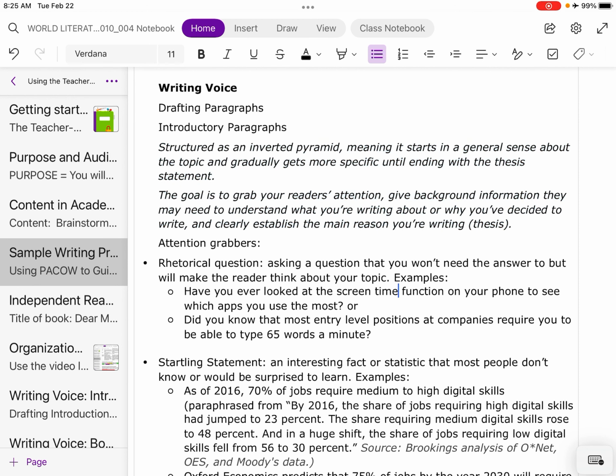So the attention grabbers, remember I talked about the rhetorical question, asking a question that you won't need the answer to, but want to make your reader think about it. And using my specific thesis that I've been practicing with for you guys, the technology thesis: Have you ever looked at the screen time function on your phone to see which apps you use the most?